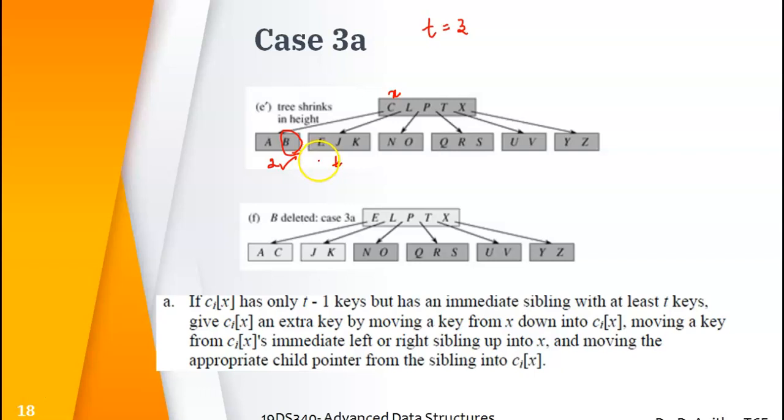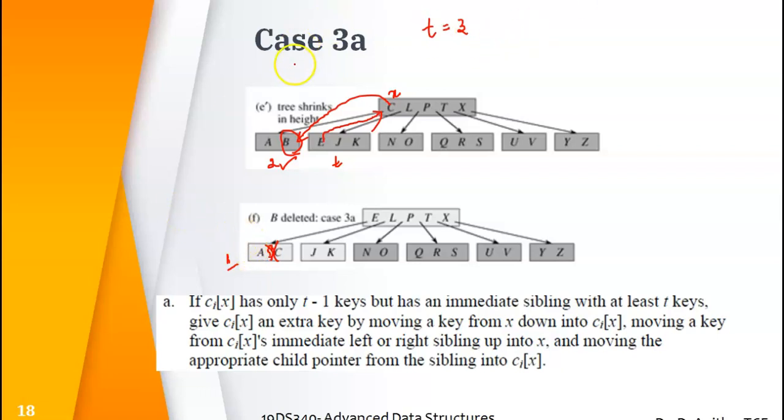So what I should do is take one key from this node to the root and bring this C down to this. Is that fine? After getting down, again I am searching for B and coming to this position. Originally B would be here, and after coming I will be deleting B according to case 1. So this is our 3A.